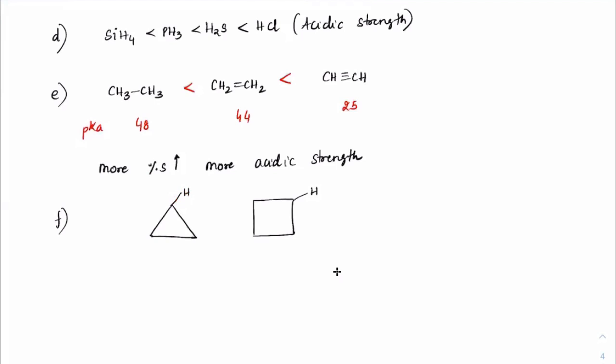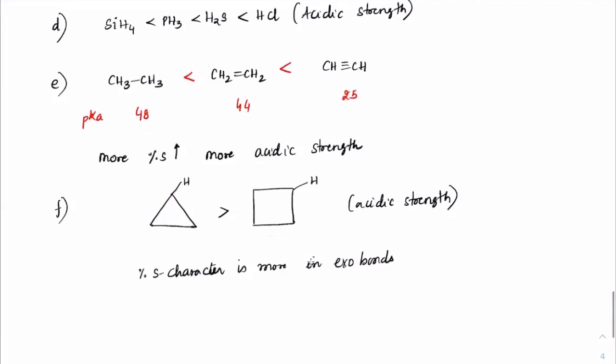So here we can say the percentage s character is more in exo bonds. Hence, which one will be more acidic? This is how the acidic strength would be. So when you compare cyclopropane, this is what the acidic character would be.